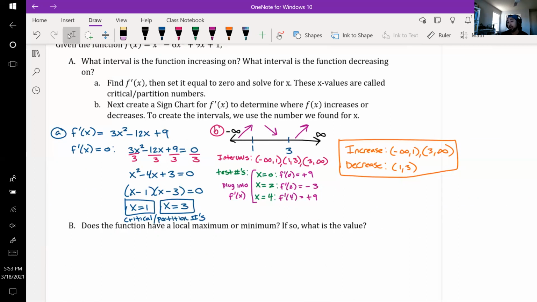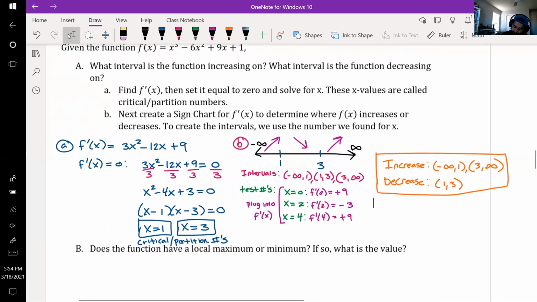All right. Then B, does the function have a maximum or minimum? And if it does, what is the value? So here, all we have to do is reference the sign chart. So if we look at our sign chart above, we see that, look at our first critical number at 1, and look at what your signs are doing. At the critical number of 1, we are increasing and decreasing.